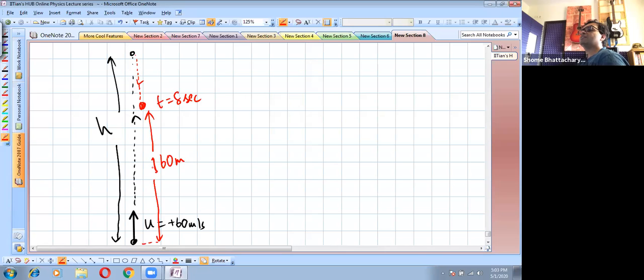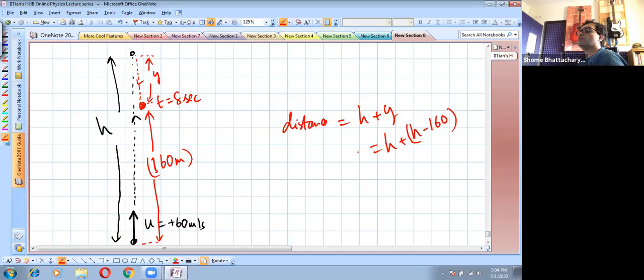So now what about the total distance it is traveling? The total distance will just become h, whatever that h is, plus this distance here. Let's say this is some y. So it will be h plus y, which is basically nothing but h plus h minus 160.